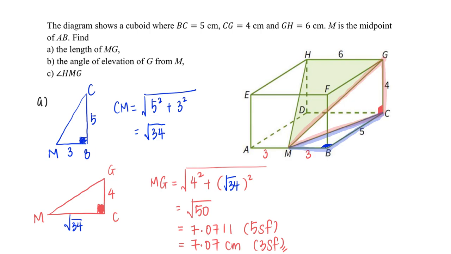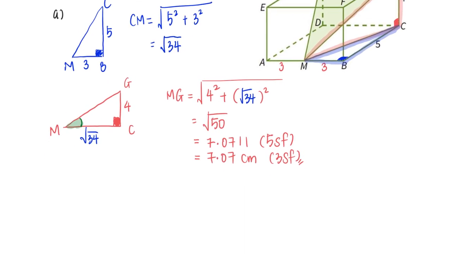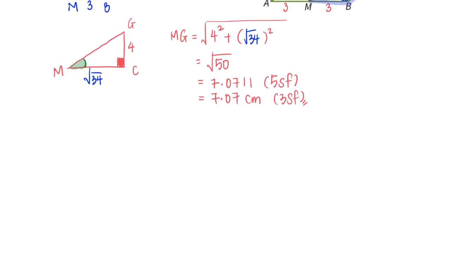Okay? Part B, find the angle of elevation of G from M. This is also quite straightforward because this angle of elevation of G from M will be this angle here. So for part B, I'm going to again rely on this right angle triangle GMC.